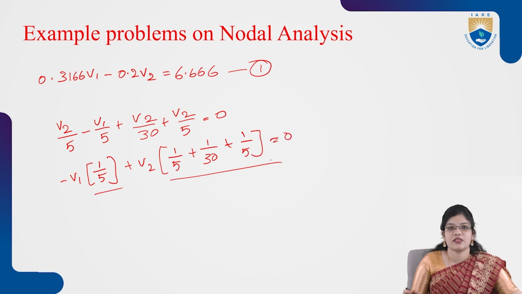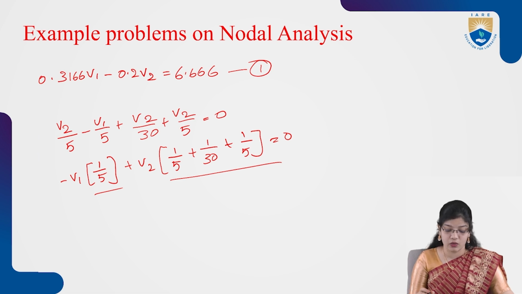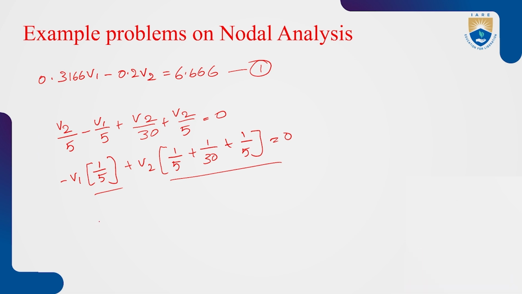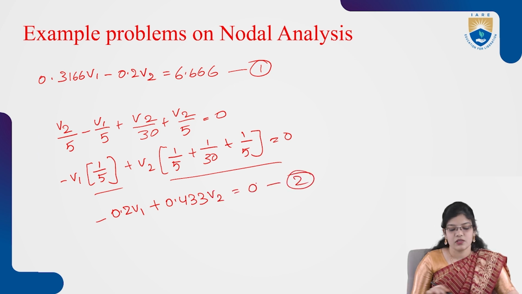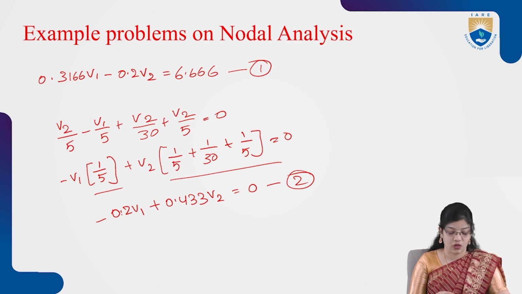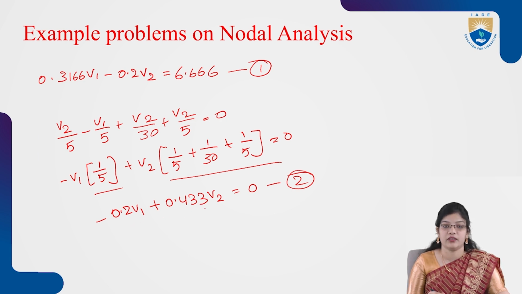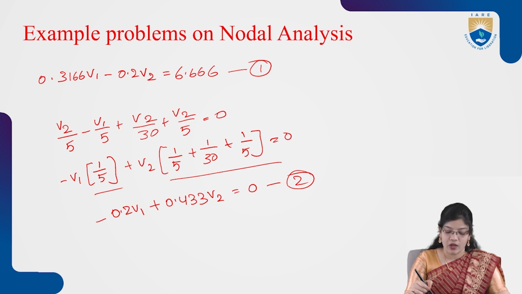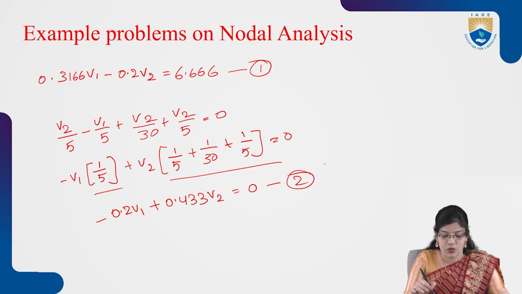After substituting these values, we get the equation as minus 0.2 V1 plus 0.433 V2 equals 0. So now I am considering this as equation 2.